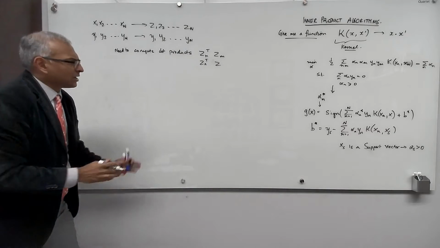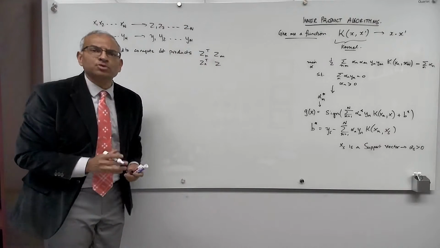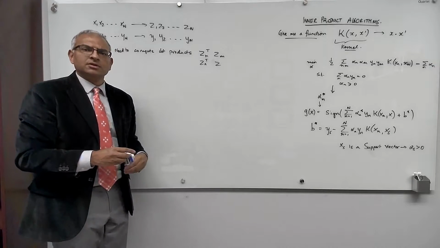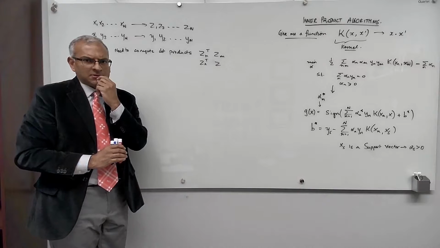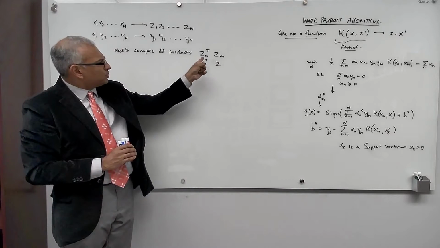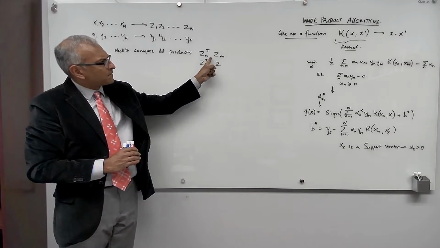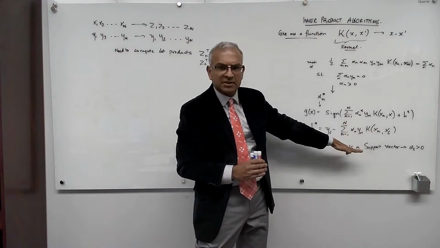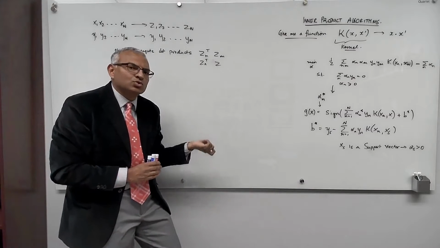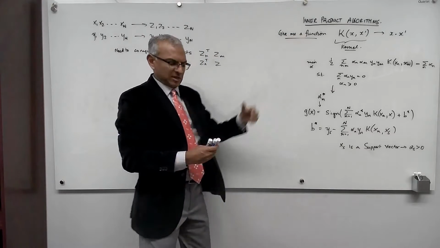Now, typically I would transform into that space and just compute the dot product in the simple, usual, Euclidean dot product way. And the question we're going to ask is, is it possible to compute this dot product in my z space, and therefore run this entire algorithm, without actually going into the z space? Question.